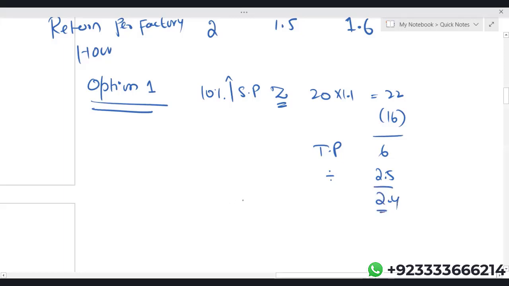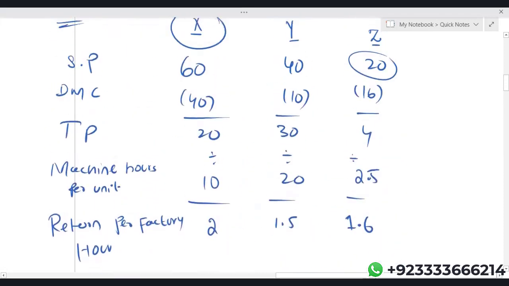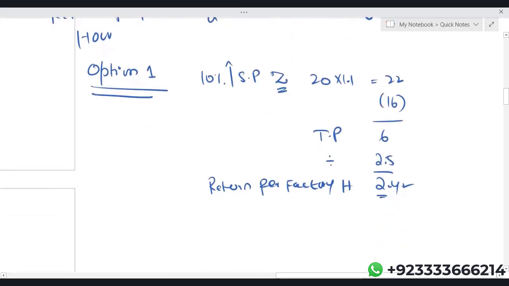So due to option 1, return per factory hour will become 2.4. Now X is 2, Y is 1.5, and Z changes to 2.4.